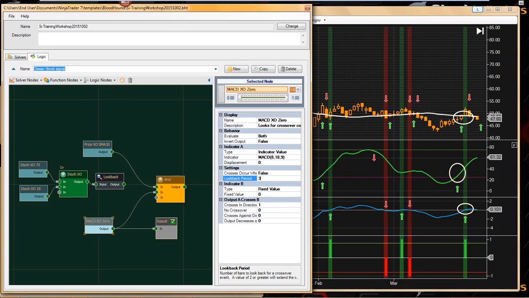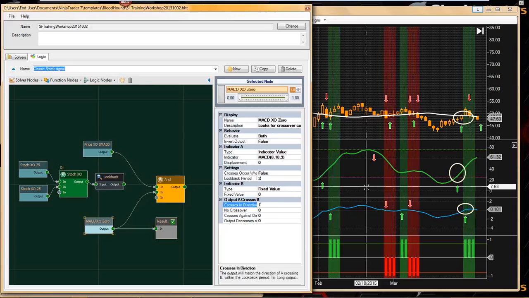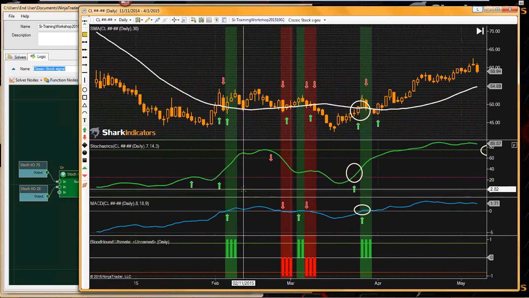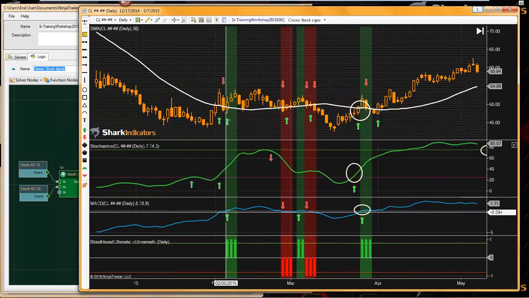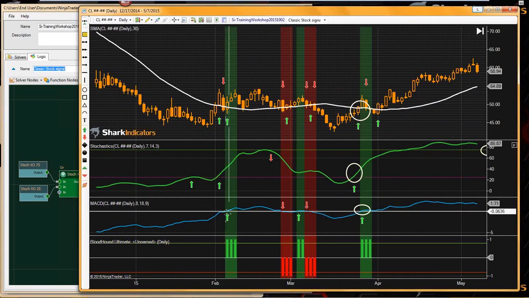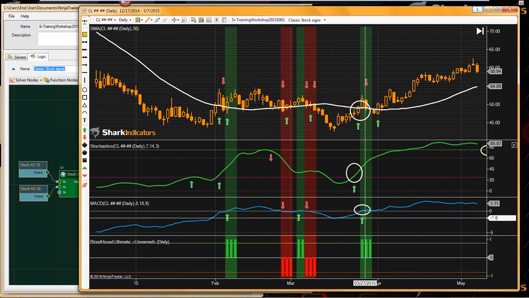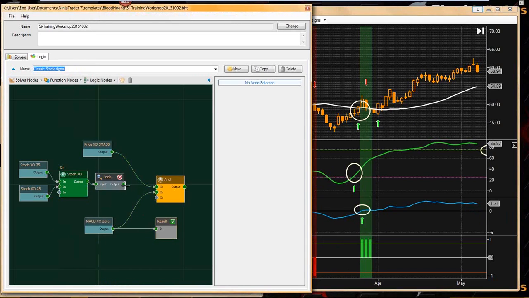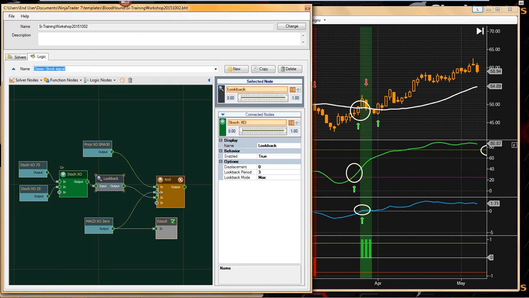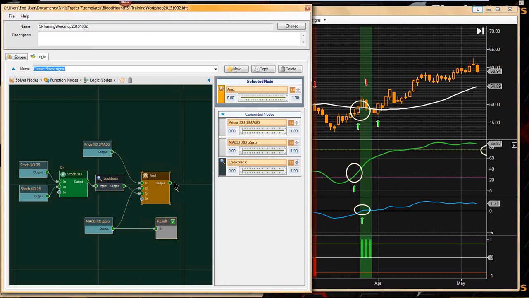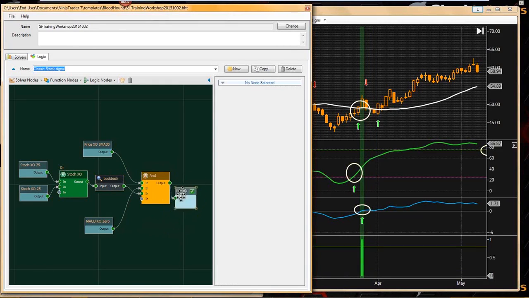Set it to 3, like so. And there we go. We can see all the MACD crossovers of the 0 line, and now extended out 3 bars. Okay, so now let's connect our stochastic signals into the AND node. So now let's take a look at the result node.